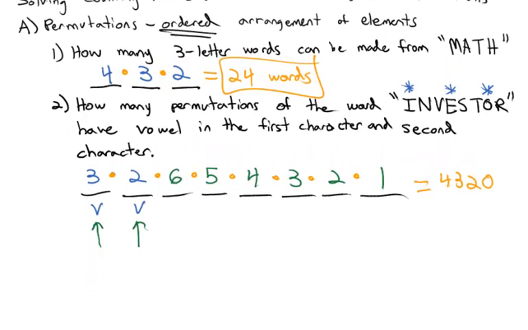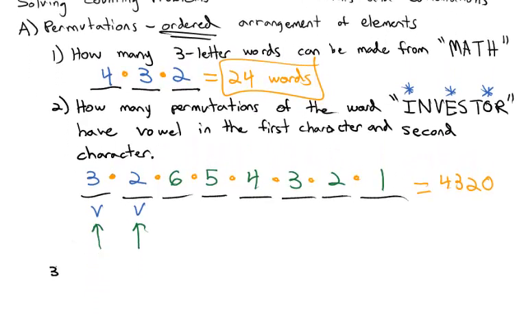Now, there is a special type of permutation that tends to come up more often than the rest, and that is a permutation of n objects taken r at a time.